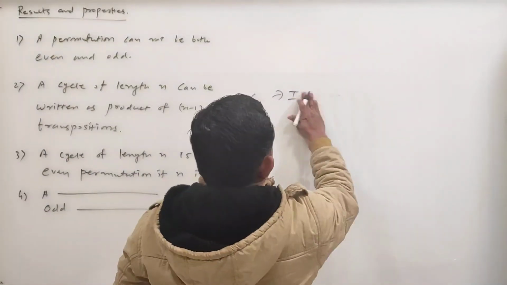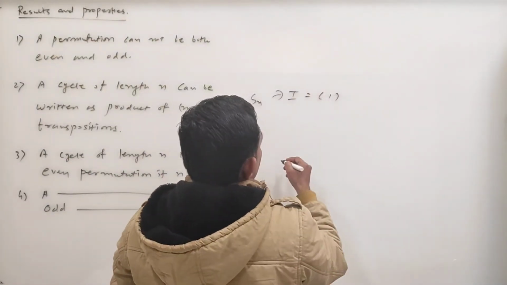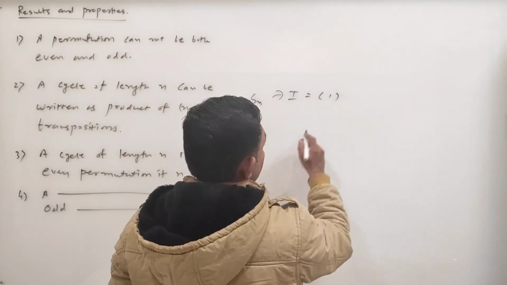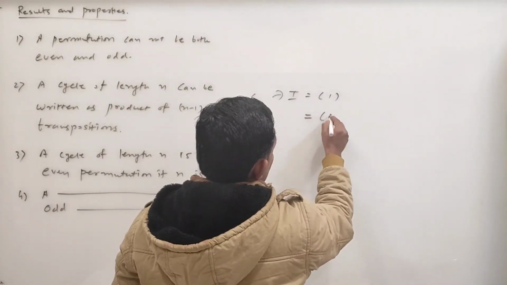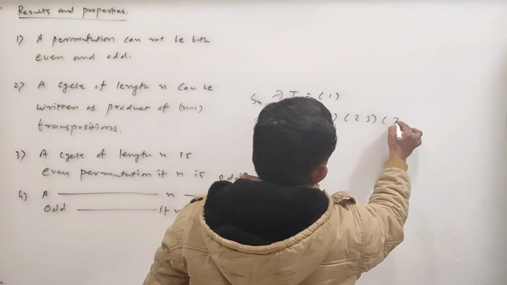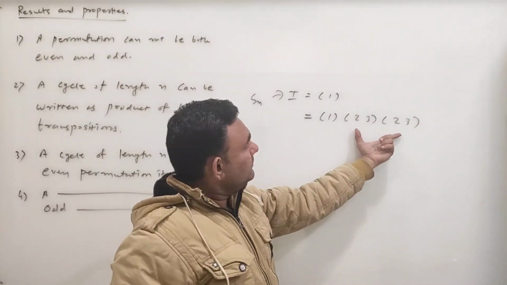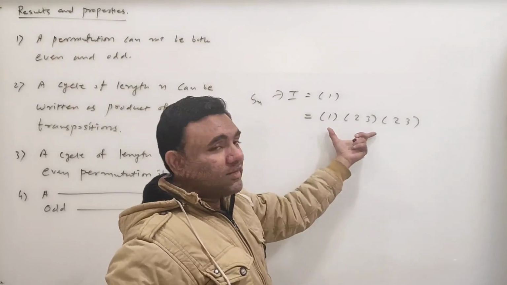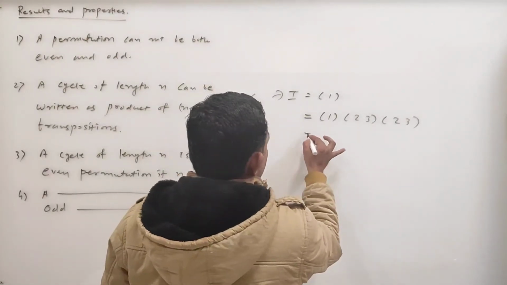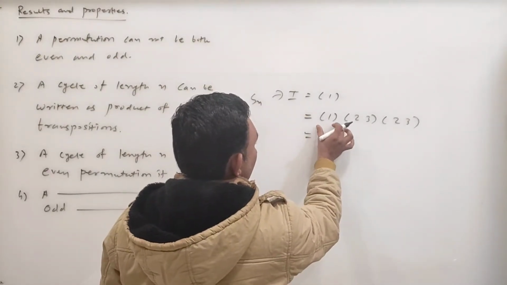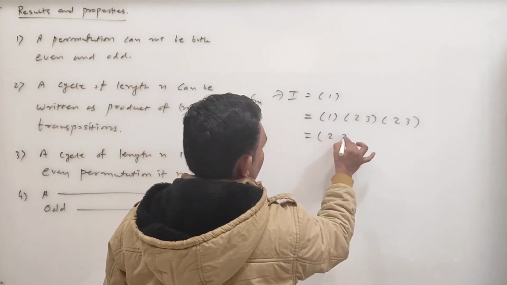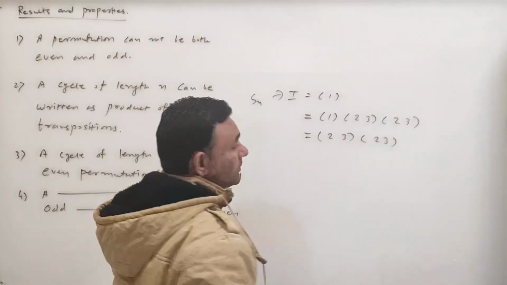But see, now I will write this 1 can be written as 1. Now 2, 3, 2, 3. Let me write in this way. So again, this is identity. Identity into identity is identity. So this is what? Now this represents identity. So I will not write 1. I will write just 2, 3, 2, 3.